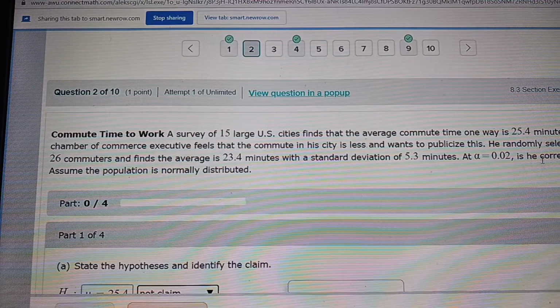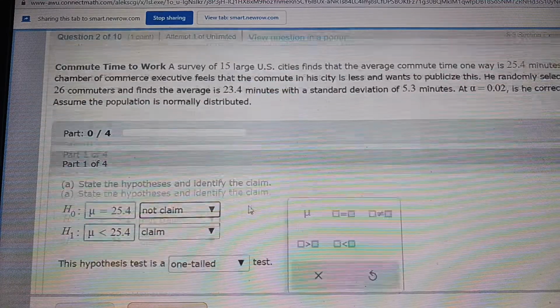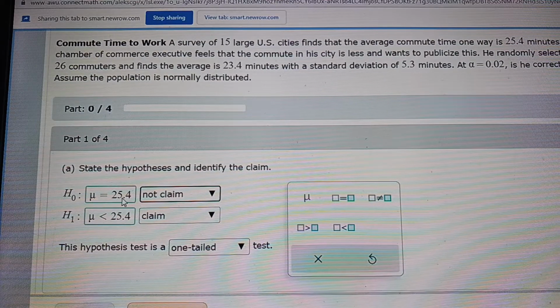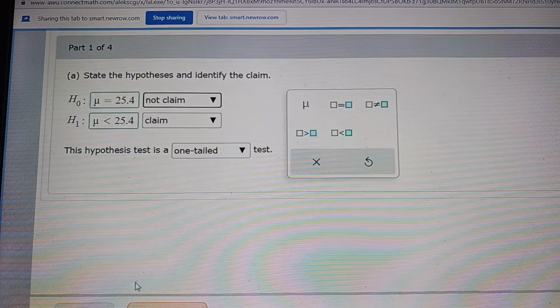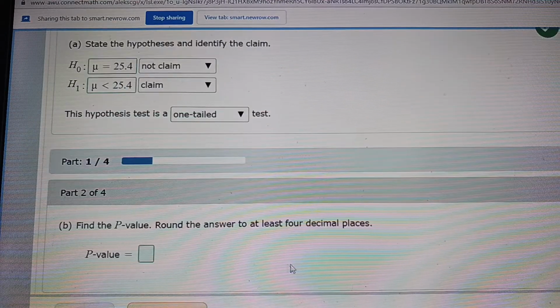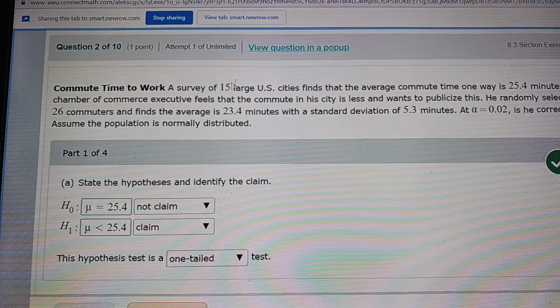At alpha 0.02, is he correct? So that's why normally they don't have this extra sample size in the problem. That was a little weird there. But actually, it's not really a sample because we're considering this to be the population mean. We said mu was 25.4, not x bar. Okay, so just ignore that 15.